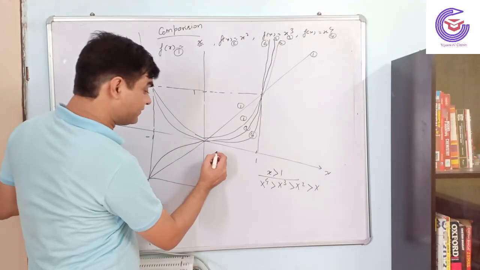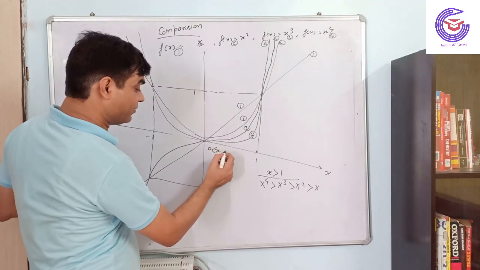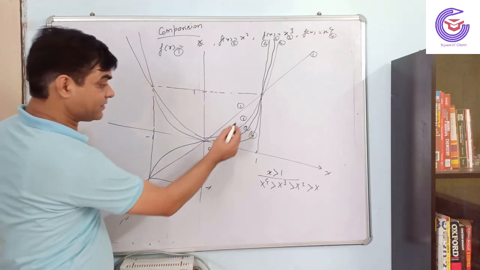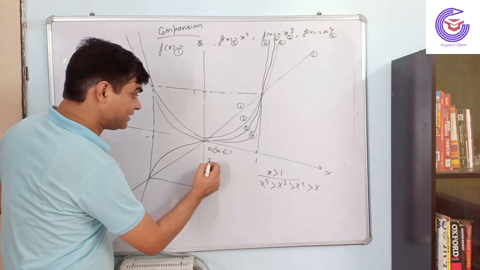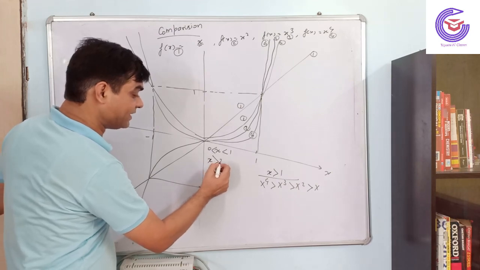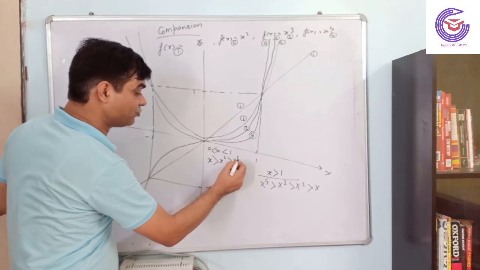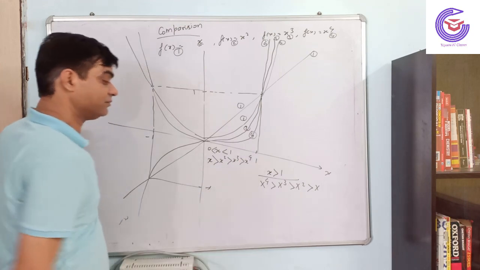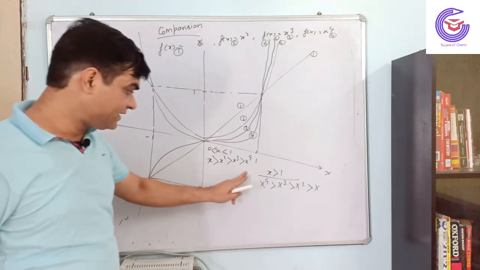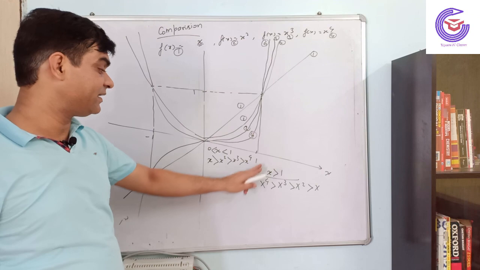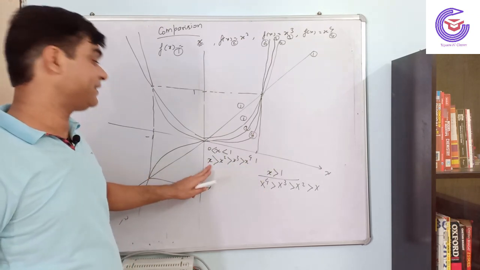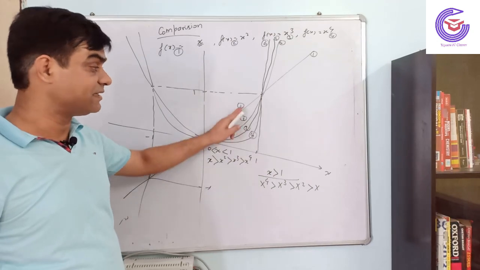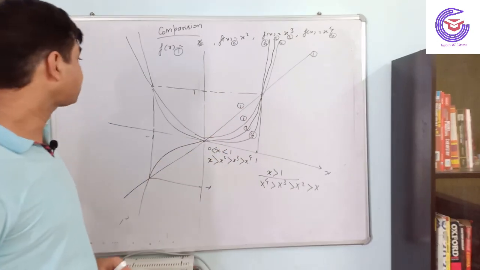But if the value is between 0 and 1, in that case this is just reversed. In that case, x is greater than x square, then x cube, then x to the power 4. So you can see here the things are reversed. Greater than 1, x to the power 4 is the greatest, and between 0 and 1, x is the greatest and x to the power 4 is the lowest one.